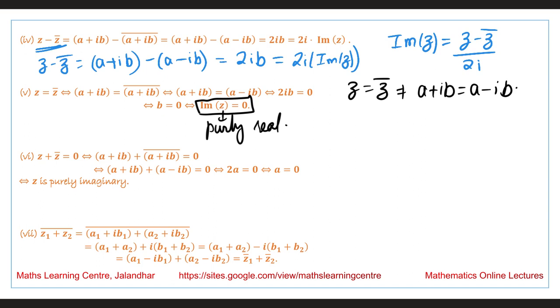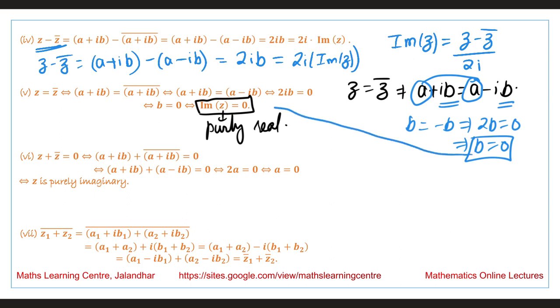By the equality of complex numbers, a is equal to a, and b should be equal to minus b. So 2 times b is equal to 0, which implies b is equal to 0. This means the imaginary part of z is 0, so the number is purely real.